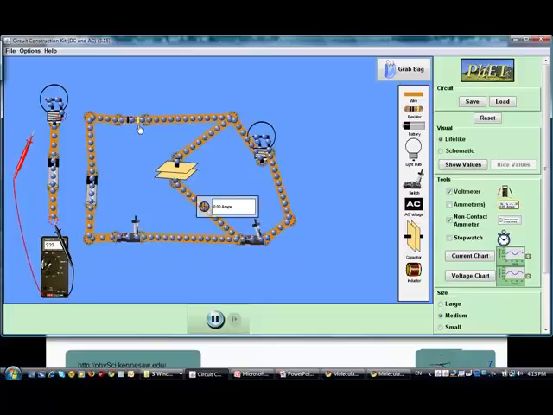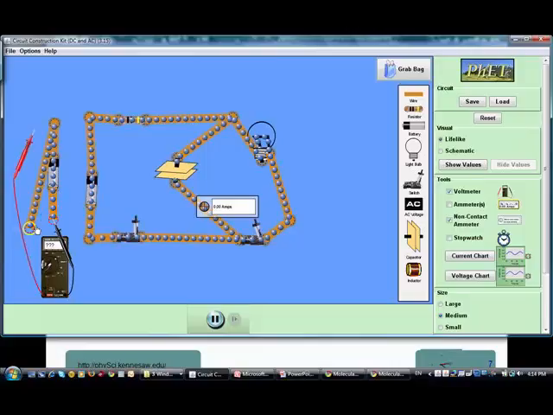Now, what if I put another wire here? Let me remove this one here. What if I put another wire here and I approach it to this wire here, without touching it? So what's going to happen?